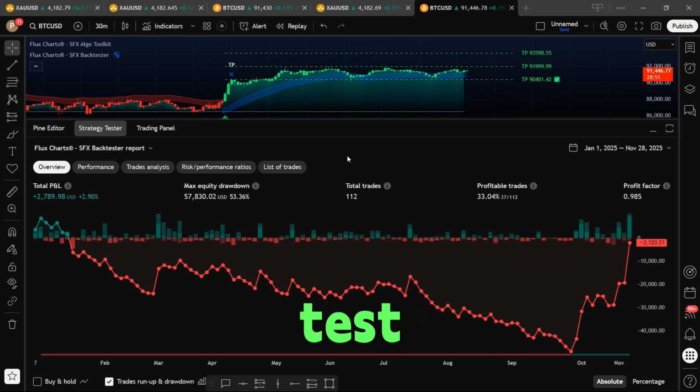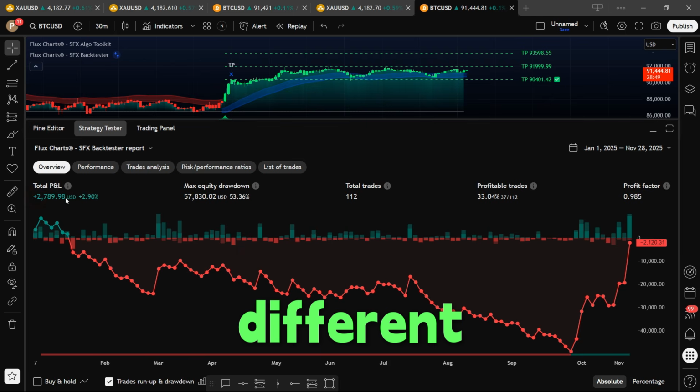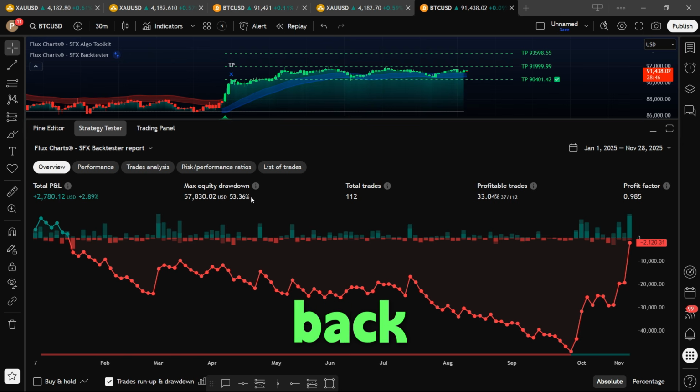But now I am going to test this indicator manually in 3 different markets. So let's watch this backtest.